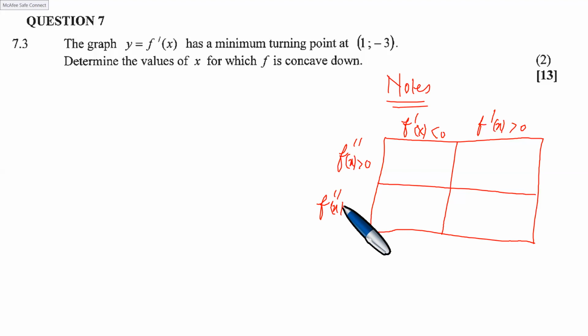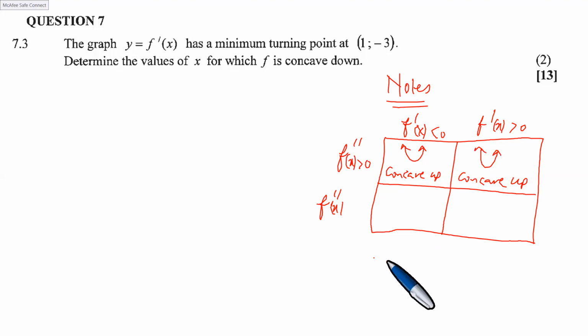Okay, we continue. For this one here, it's concave up. In other words, if the second derivative for the inflection points is positive, then it's concave up.